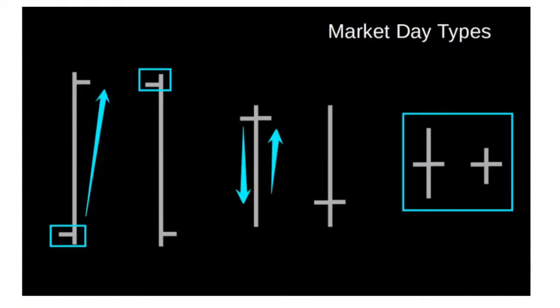So we basically get three flavors of market day types. We'll get the long range days you see over on the left. Then we're going to get medium range days, like medium trending days, and a lot of times these are reversal days. The market will attempt to go in one direction and then turn and go in the opposite direction.